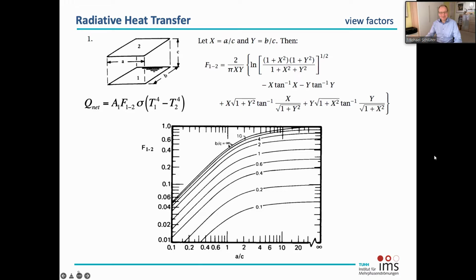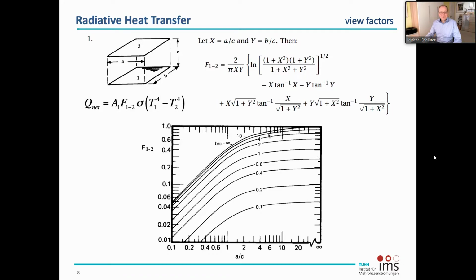This is B divided by C. So in other words, if you have the geometries, then you can calculate A divided by C, and you can calculate B divided by C, and with these numbers, you can read out here the view factor that comes up. So this is nothing else here than the graphic, let's say, fingerprint of this equation.